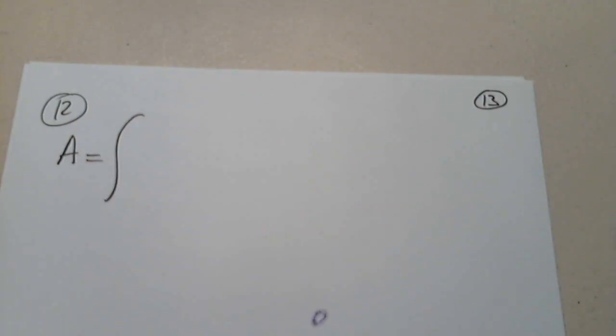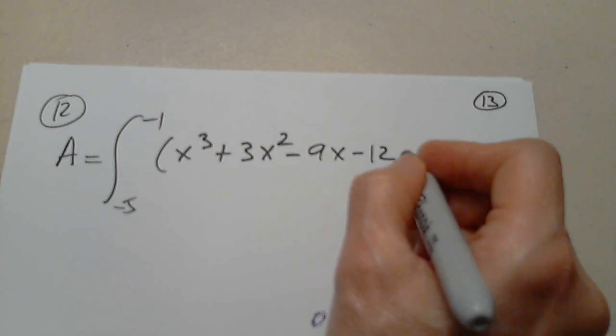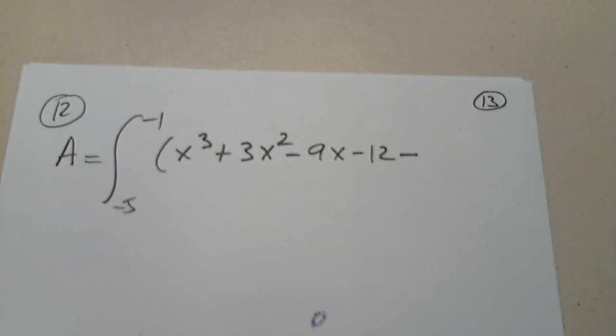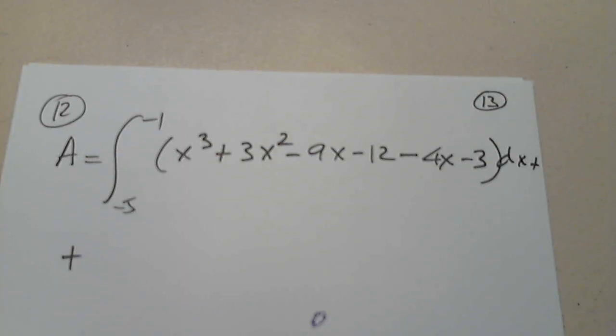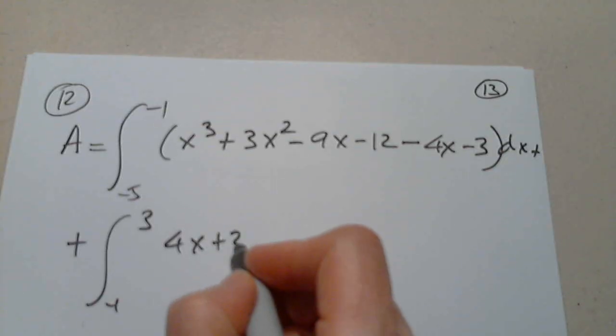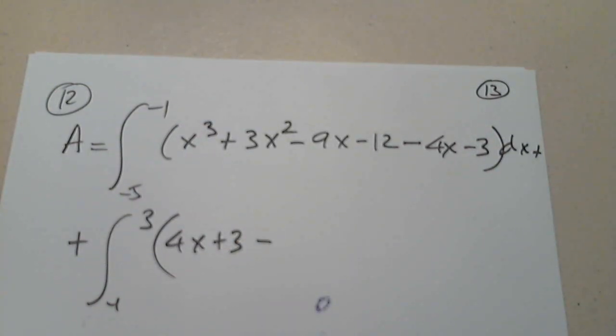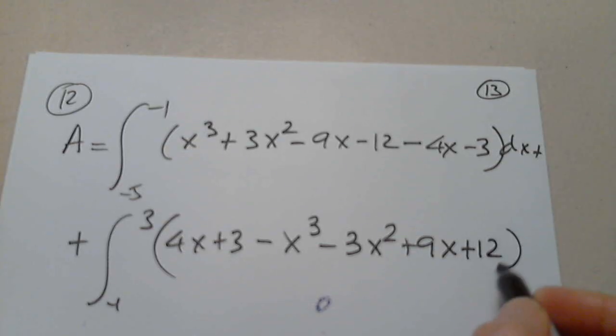The first one is the integral, as you see, from x equals -5 to x equals -1, from above, which is in red, which is f of x, x to the third plus 3x squared minus 9x minus 12, minus below, which is 4x plus 3, but I have to subtract 4x and subtract 3 dx, plus the second portion is between -1 and 3, the integral from -1 to 3, from above, that this time is 4x plus 3, minus below, which is f of x, minus x to the third minus 3x squared plus 9x plus 12 dx.